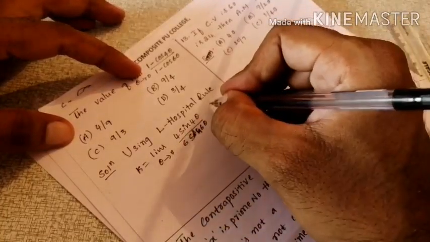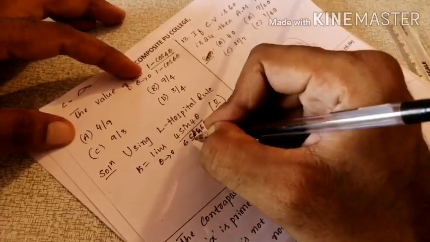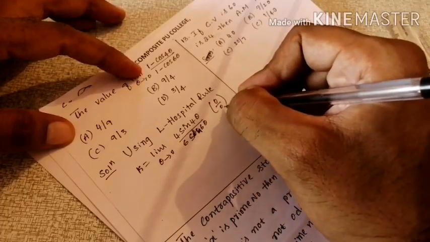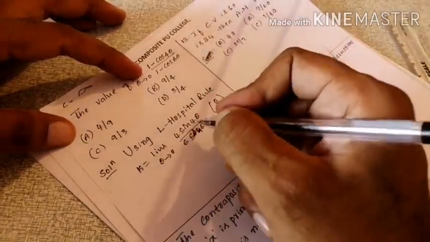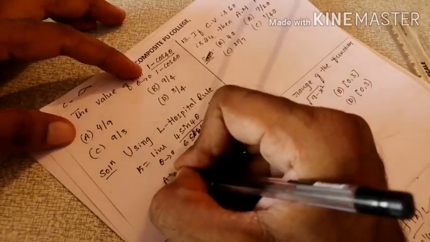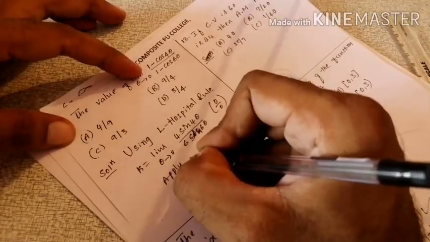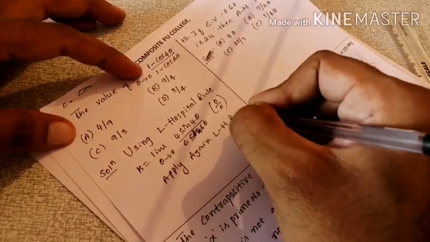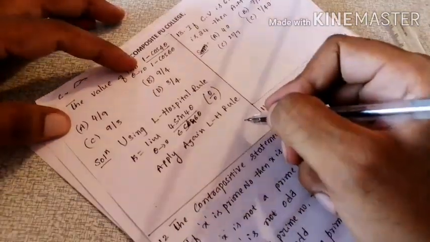If I substitute theta value 0, sin 0 is 0, sin 0 is 0, again I'm getting 0 by 0 form. We should apply L'Hospital rule again, we call it as LH rule.